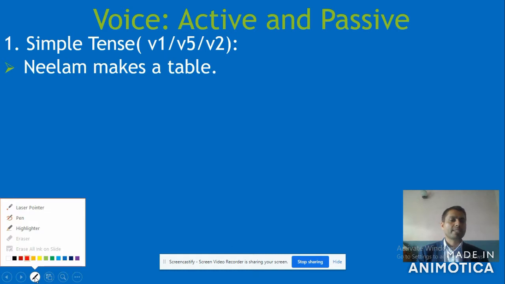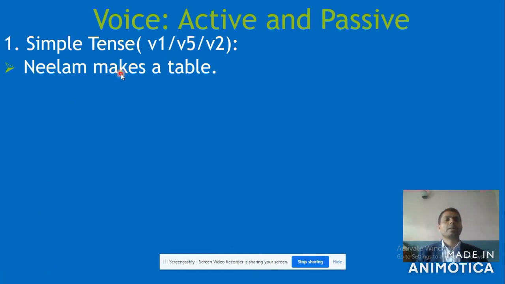Nilam makes a table. In this sentence, you first have to locate which is the subject, which is the verb, and which is the object, because the object of an active sentence becomes the subject of the passive voice sentence. This is a very important part.